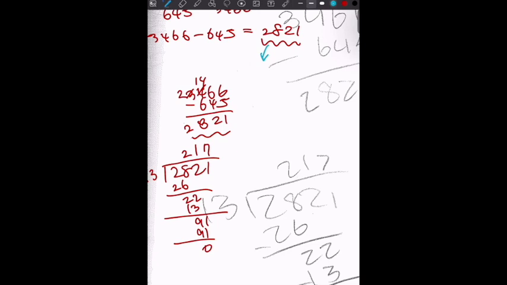And so to do that, we take the last 3 digits, 821, and compare the difference with the preceding digit 2. So that's going to be 819. And so now we're going to see if 819 is divisible by 13. And so that makes our step much easier.